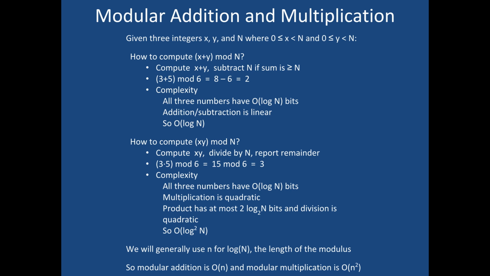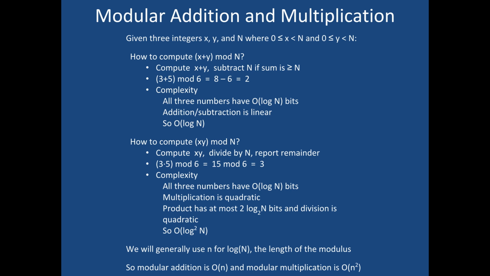Now, if n is the modulus, what is the length of the numbers you're adding? What is the measure of the number of bits? An upper bound of the number of bits in two numbers if you're working mod n. Right?